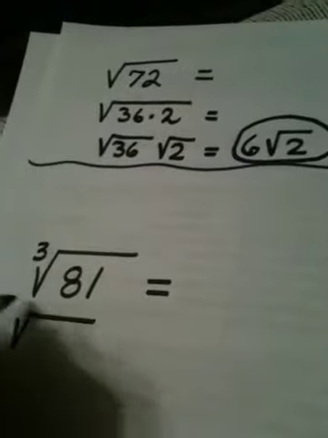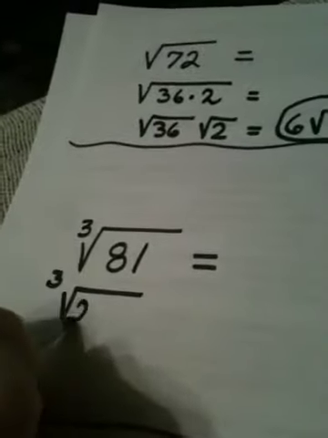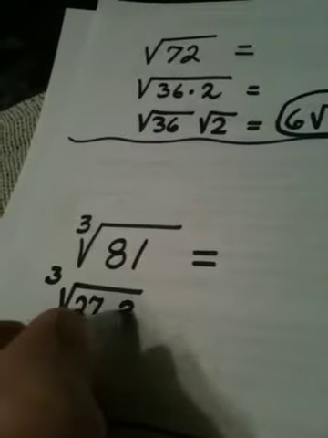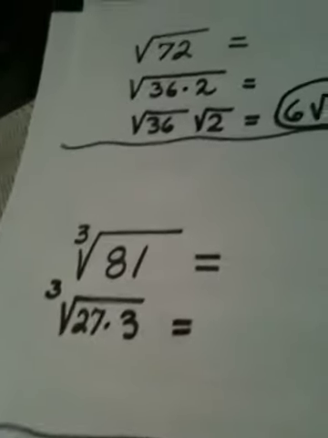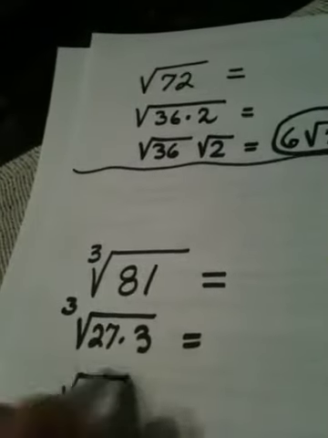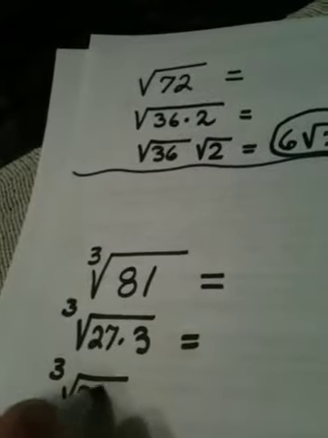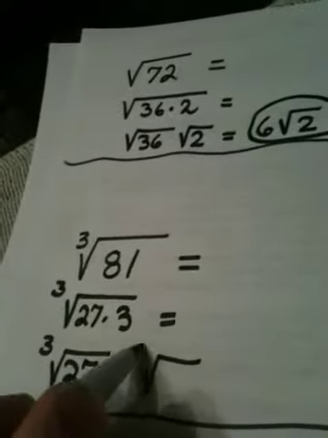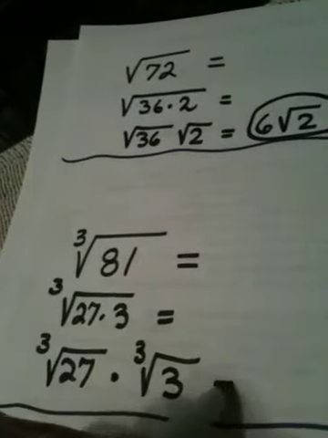So we rewrite the cube root of 81 as the cube root of 27 times 3. And now I use the product rule to break this up. This becomes the cube root of 27 multiplied by the cube root of 3.